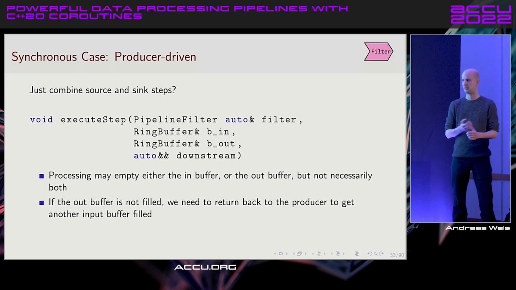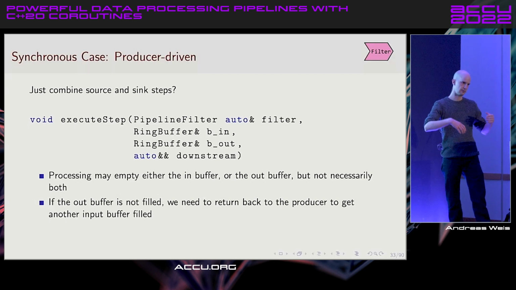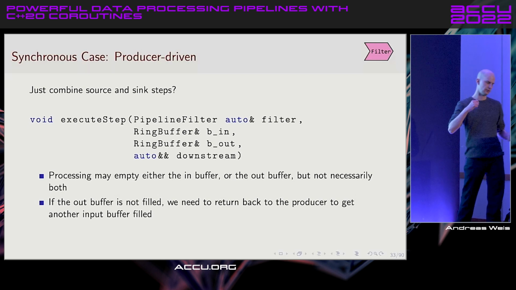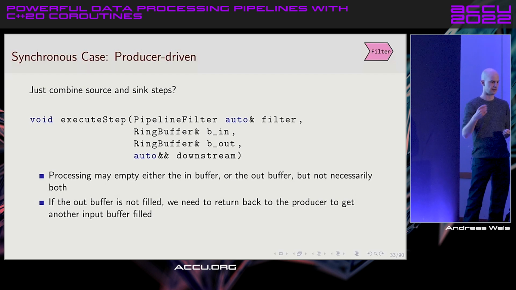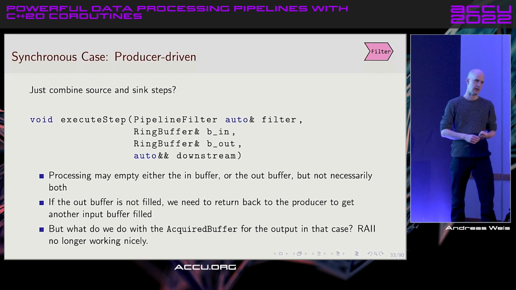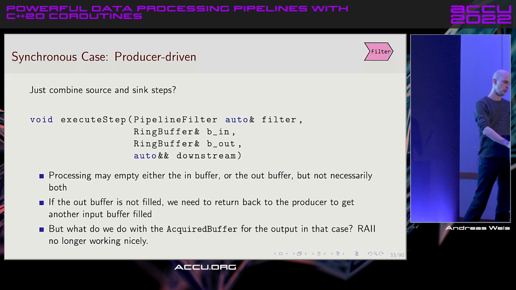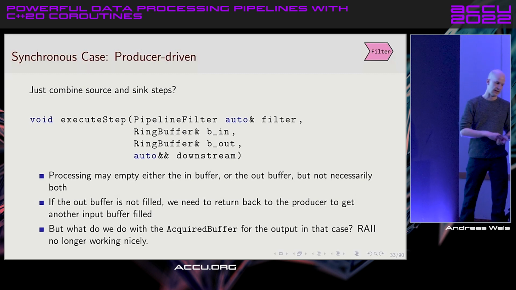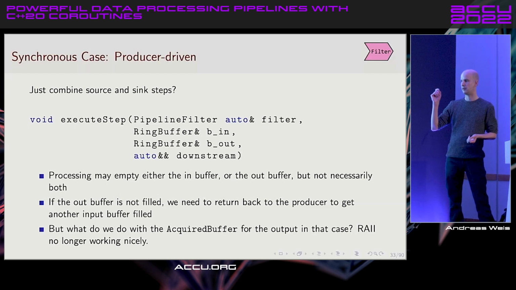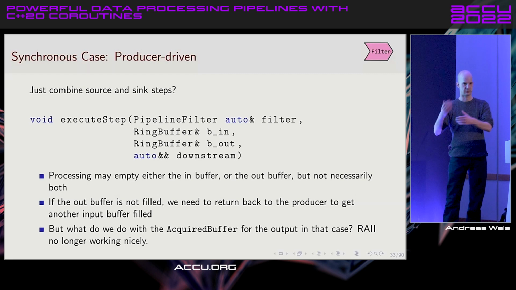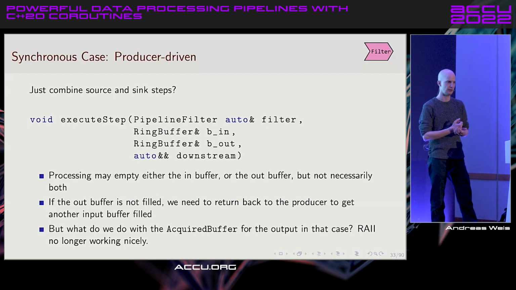So if the output buffer is not filled, I need to return back to my producer to ask for additional input. But at the same time, I need to hold on to the RAII object for my output buffer, because I cannot commit that yet because it hasn't finished filling up. So our nice little design with the RAII object starts breaking down.